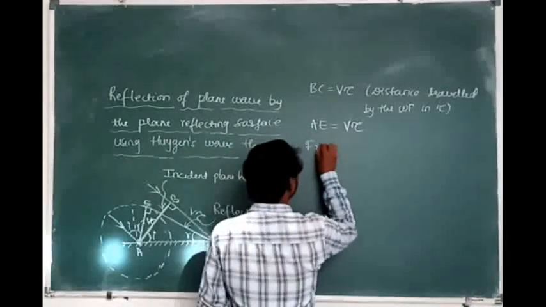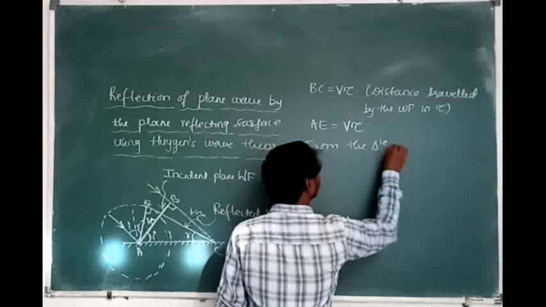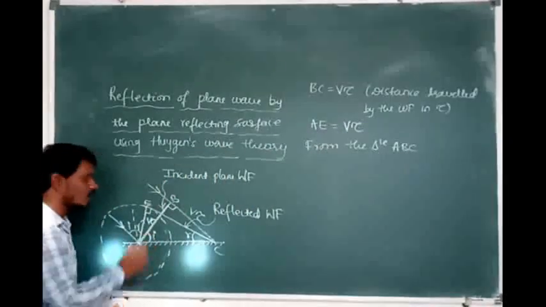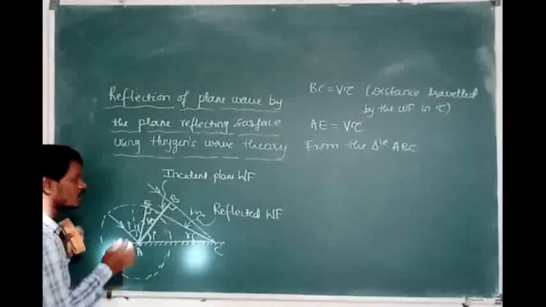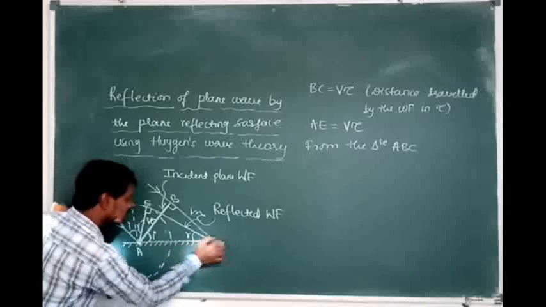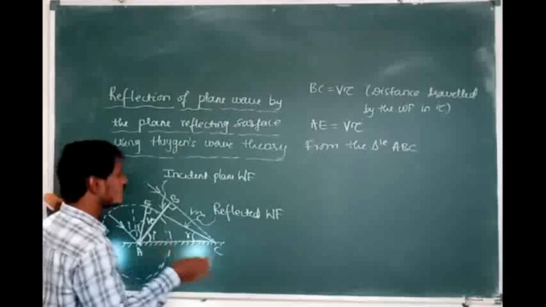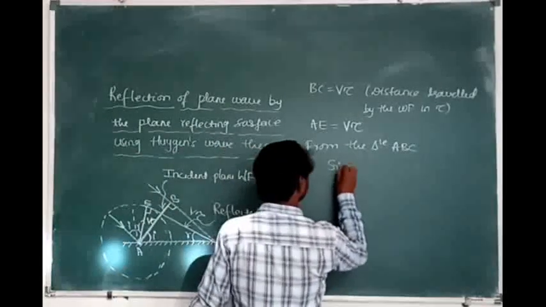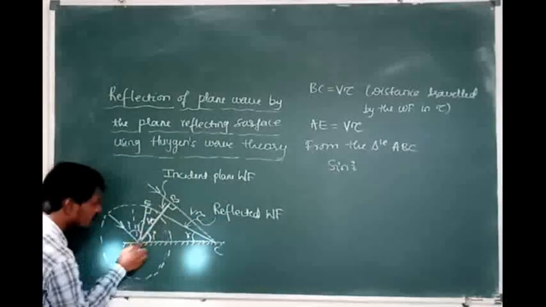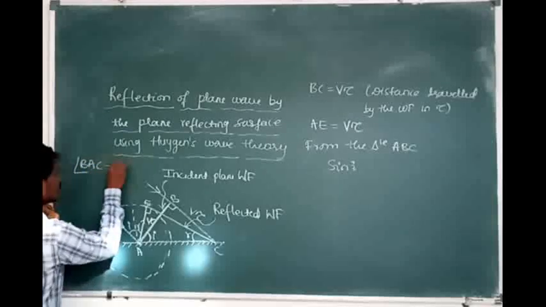From the triangle ABC, we are going to find the angle of incidence. What is the angle of incidence here? It is the angle between the incident wavefront and the reflecting surface. So sin i is equal to, what is the angle of incidence here?